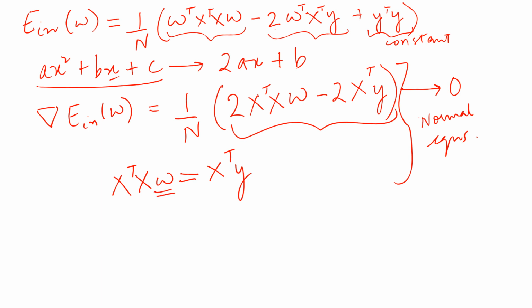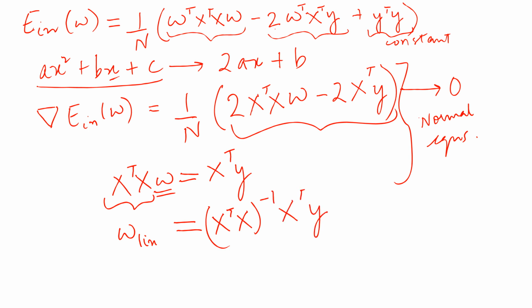So when this is invertible, we can multiply both sides by its inverse. What we get is W_lin equals X transpose X inverse times X transpose y, where X transpose X is invertible.